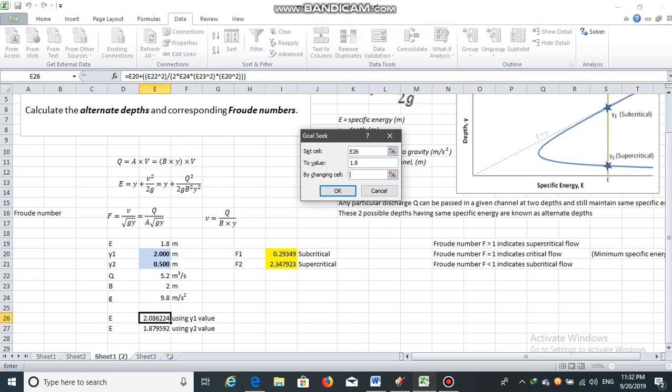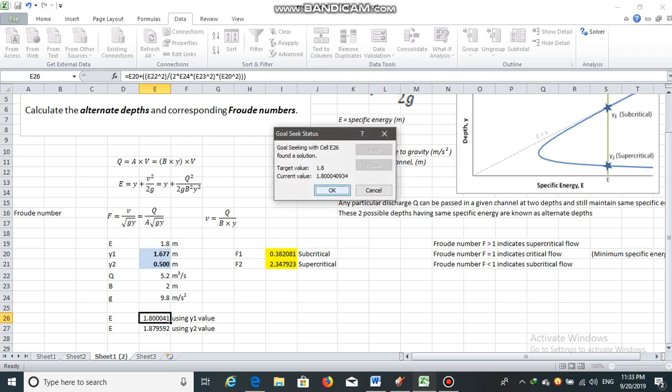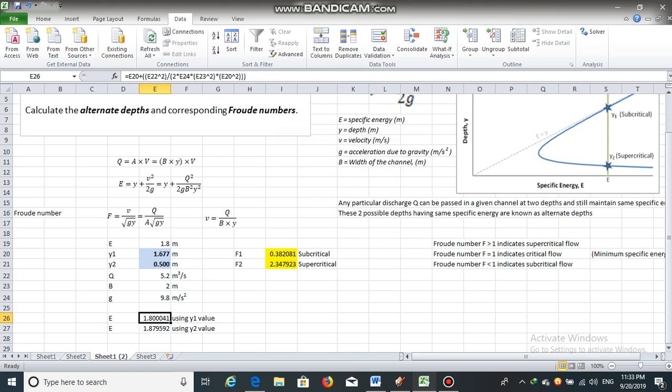That's why I've written y1 and y2. First we will find y1. By changing y1, I want to obtain this value 1.8. So it has given me a solution, 1.677 meters. This is the subcritical depth.